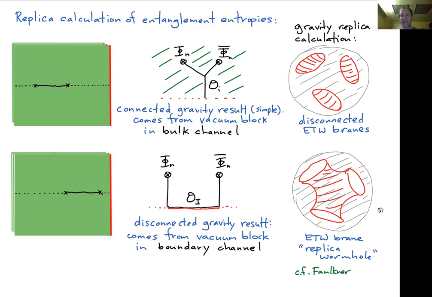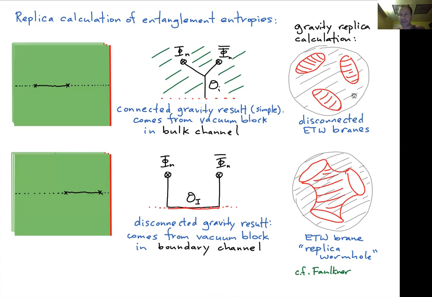Then there are various ways you can imagine filling in that geometry. On the top, you've filled in the sphere in such a way that we have 3 disconnected surfaces. We start with a sphere with 3 holes cut out of it, and then we fill in the holes with an end of the world brane like this.